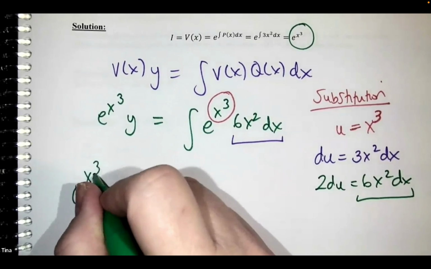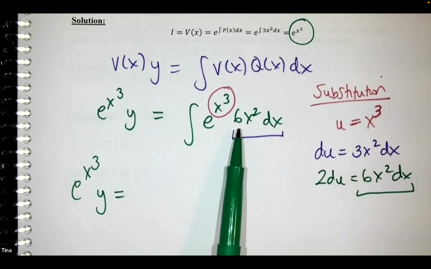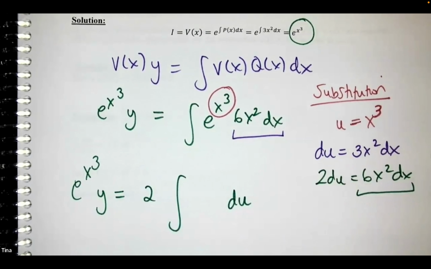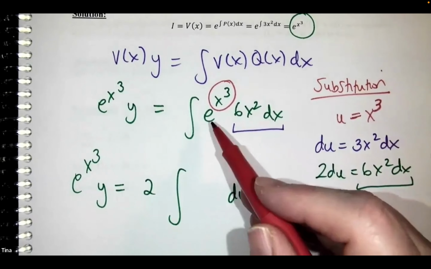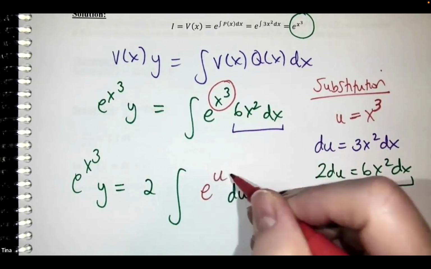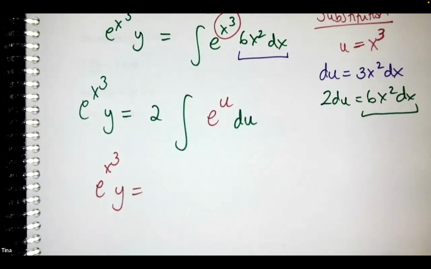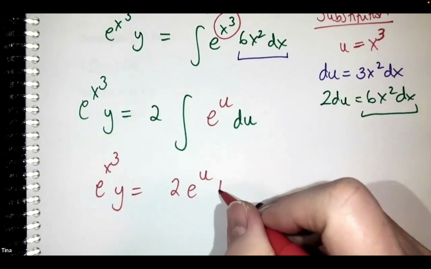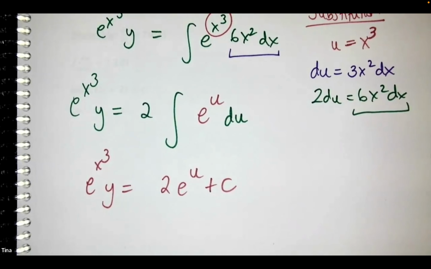So leave the left side, e to the x cubed y. And then this here would be a 2 du. So 6x squared dx is going to be a 2 and a du, and then we're integrating, and it's going to be e to the u. So here, the integral of e to the u is e to the u plus c. Okay, so what's your final answer going to be?